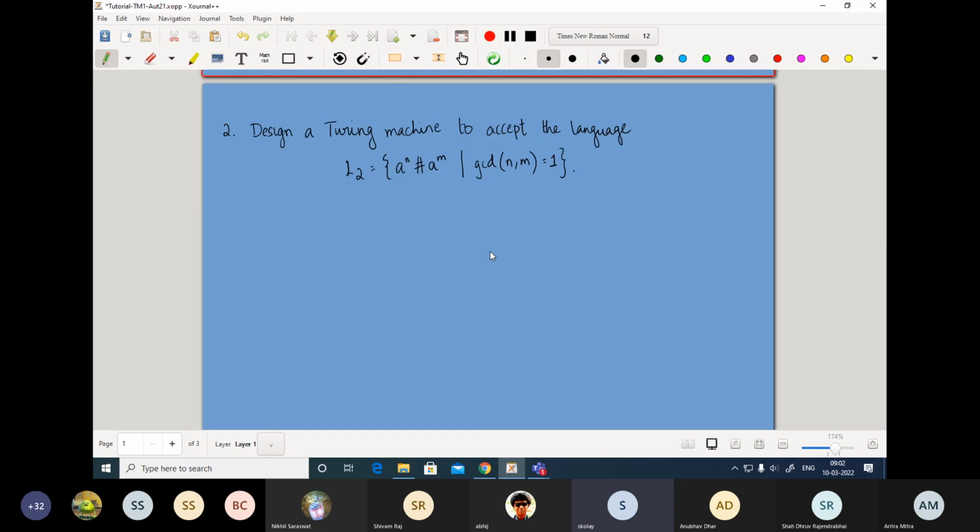Okay, second is design a Turing machine to accept the language L2 that is of the form a to the n hash a to the m. So this hash is also part of the input symbols, and you will accept this kind of strings if and only if the GCD of n and m is equal to 1, meaning n and m are co-prime.